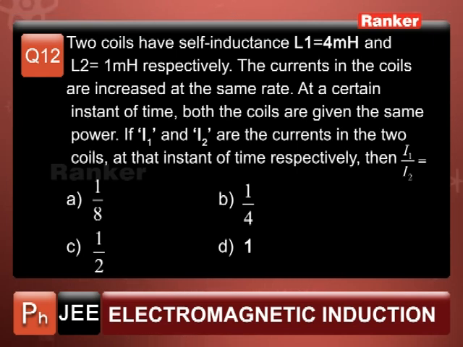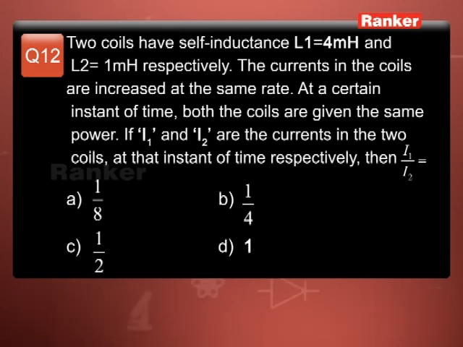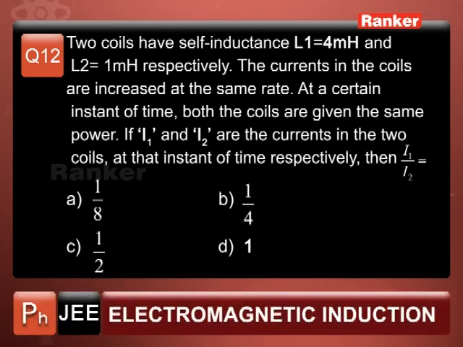He has given you 4 options once again. First option is 1 by 8, that's 1:8 ratio, I1 is to I2. Second option is given 1 over 4, it's 1:4 ratio he is talking about. Third option is given 1 by 2, the ratio is 1:2.